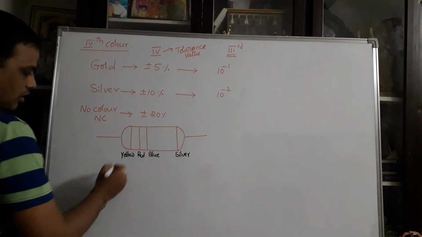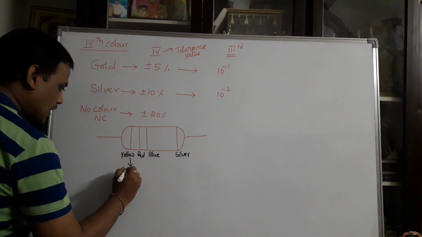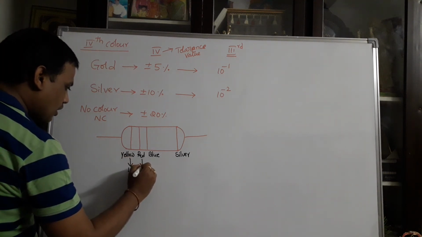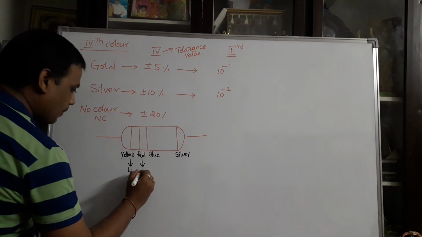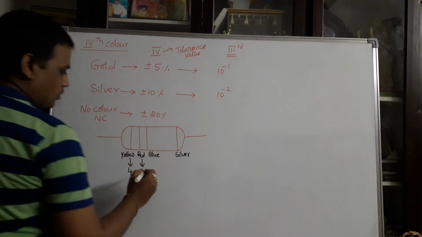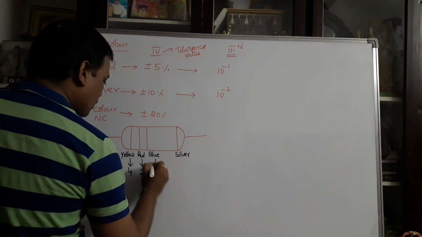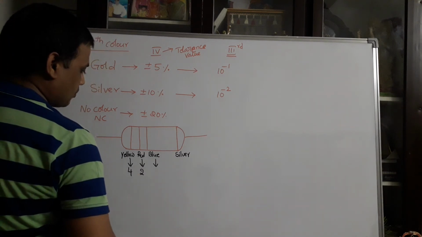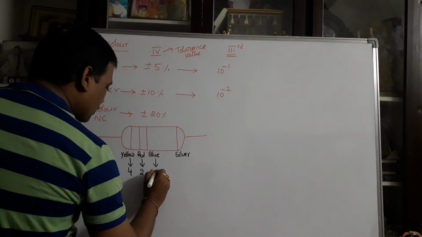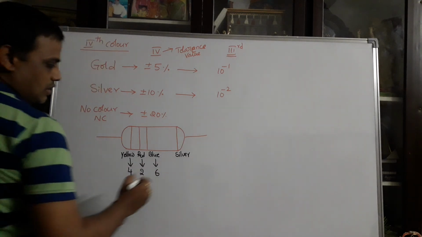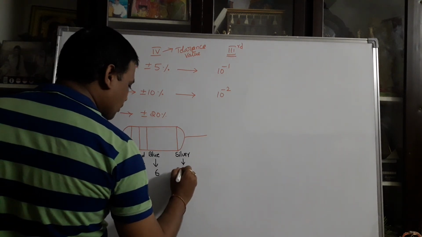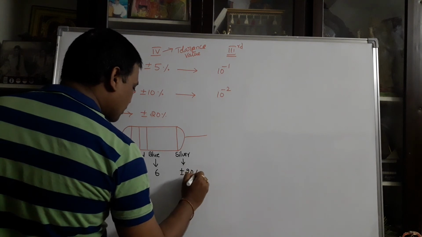According to the data, yellow is 4, red is 2, and blue is 6. Silver tolerance value is plus or minus 20%.